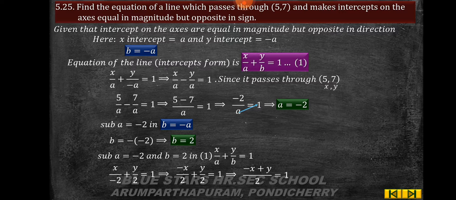The denominators are the same, 2. Then cross multiplication, 2 into 1, which implies minus x plus y is equal to 2, which is nothing but the equation of the line: x minus y is equal to minus 2.